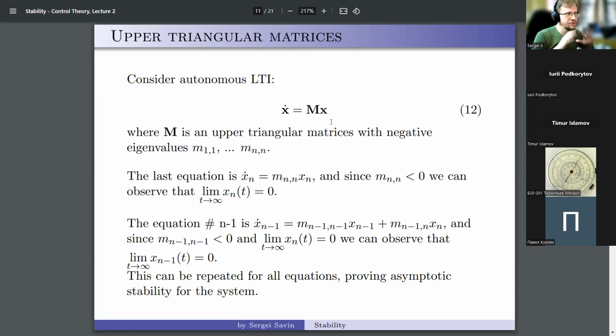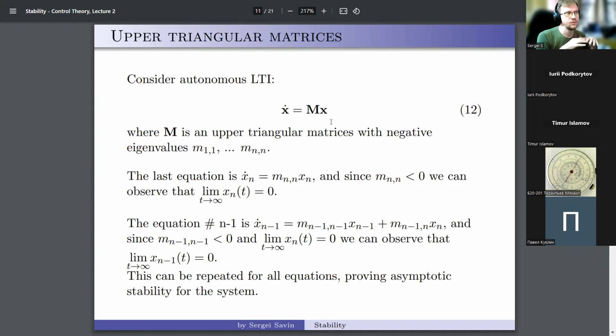And now an important statement. I will repeat it later, but this is the first time. A system is asymptotically stable if all eigenvalues of the system have negative real parts. I'm not saying anything about the complex component of eigenvalues. They can be complex, but I'm only talking about real parts. If they are negative, then the system is asymptotically stable.